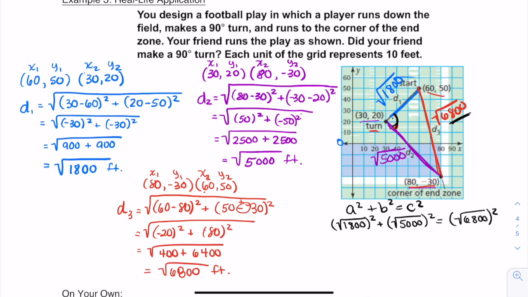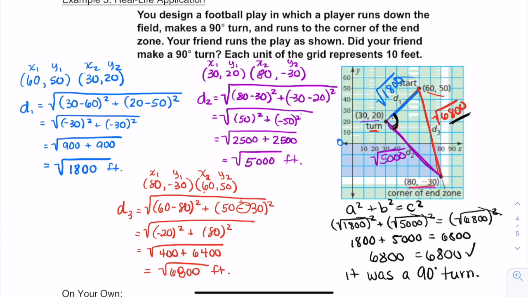Now, esto should look familiar. Acuérdense, square root of a square se cancelan. So I'm left with 1,800 plus 5,000 equals 6,800. When you add these two, te da el mismo resultado. Entonces, este turn was a 90-degree turn.